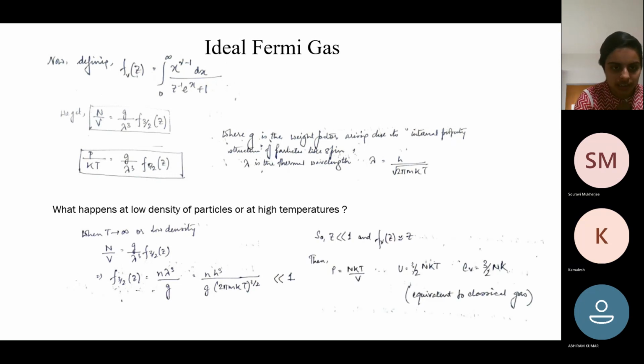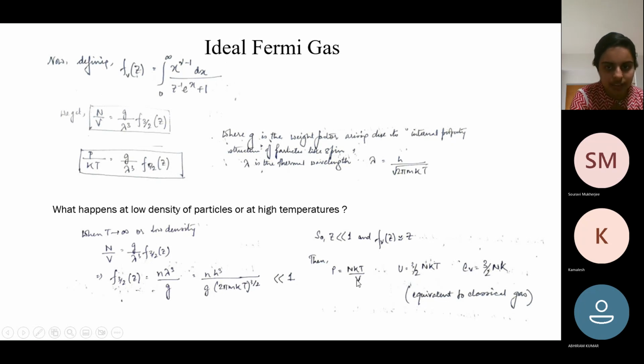So what this in a way tells you is that f ultimately is a series of powers of z. If that is very, very less than 1, that means z is very, very less than 1. So in a way, you can say that this f_ν(z) can be approximated as z. And if you use those relations, what you get are expressions for pressure, internal energy, and the specific heats.